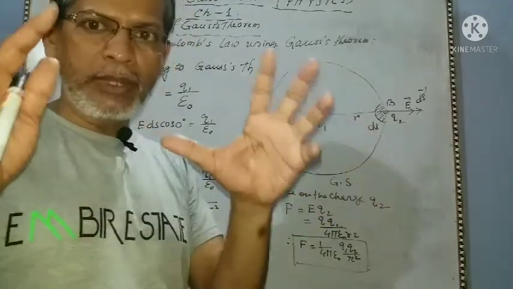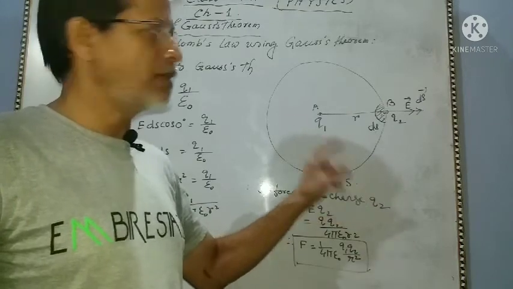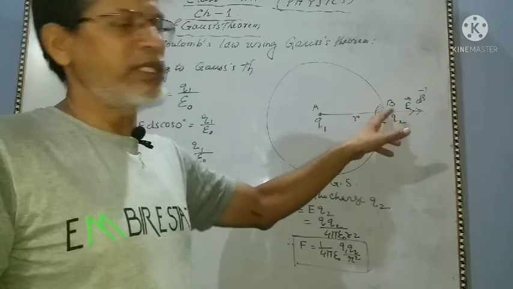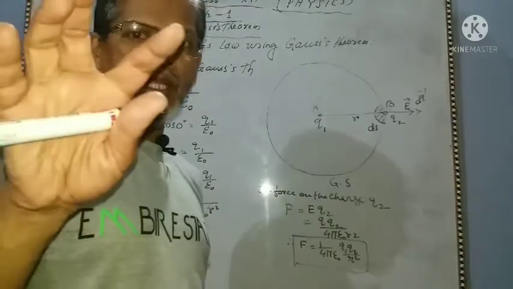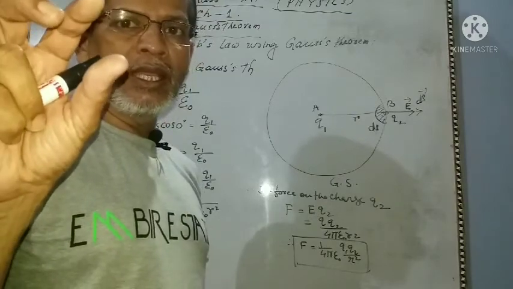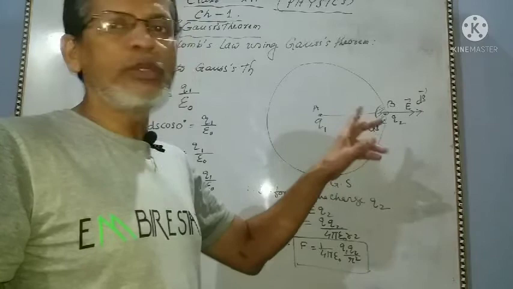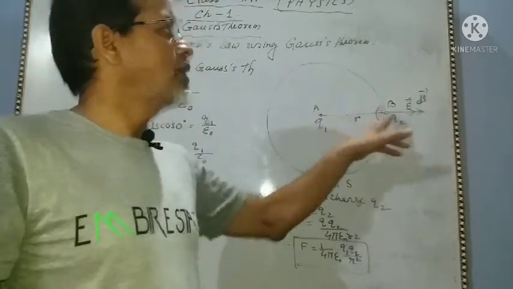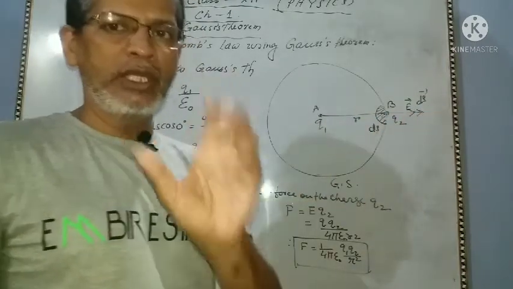This is called the Gaussian surface. Now at point B, where Q2 is present, we take an elementary surface ds. The ds vector is perpendicular to it, and the electric field is also in the same direction. So the angle between E vector and ds vector is 0 degree.